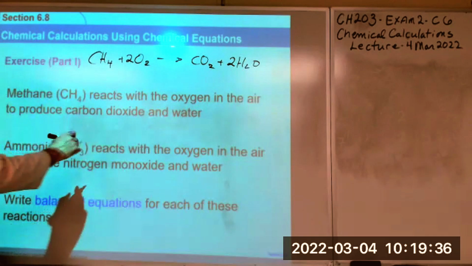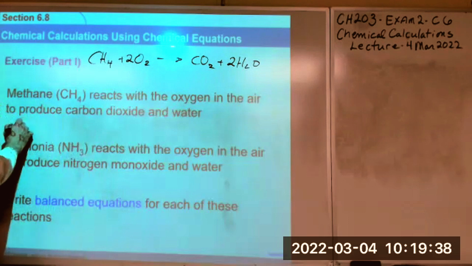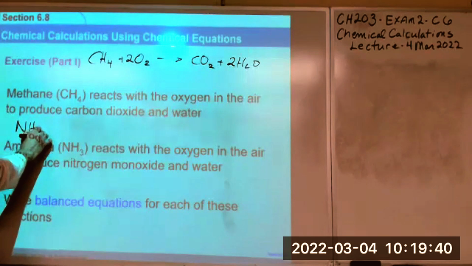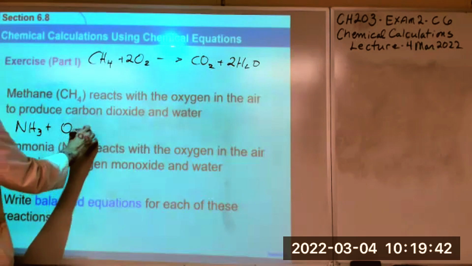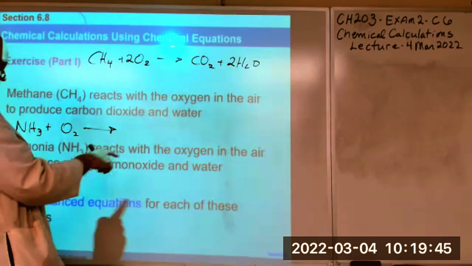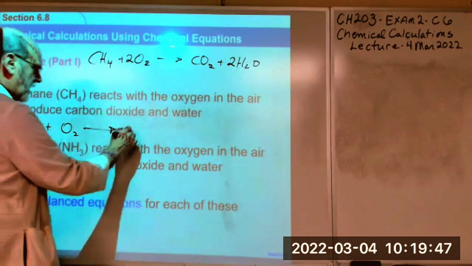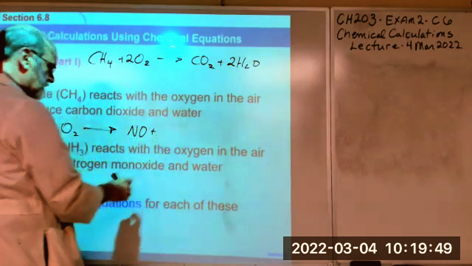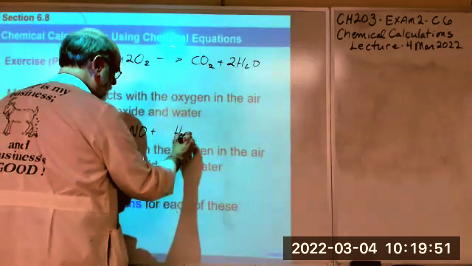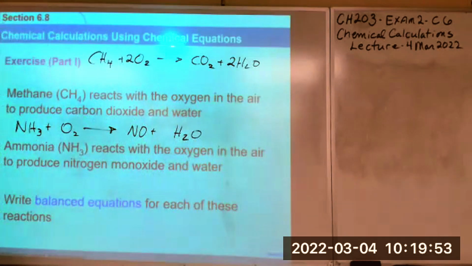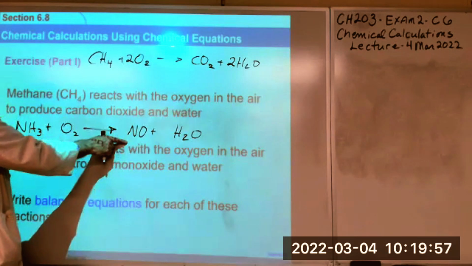Now this one is ammonia. Let's put it over here. Ammonia plus oxygen yields what? Nitrogen monoxide plus water. Okay. We got 1 nitrogen here, 1 there.